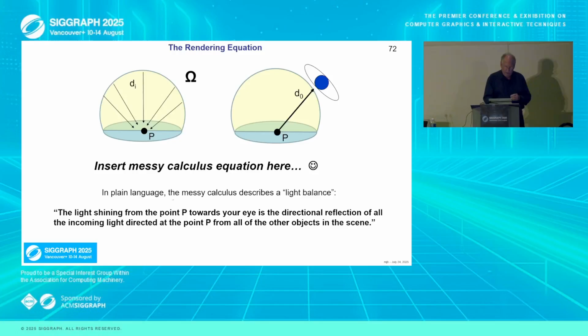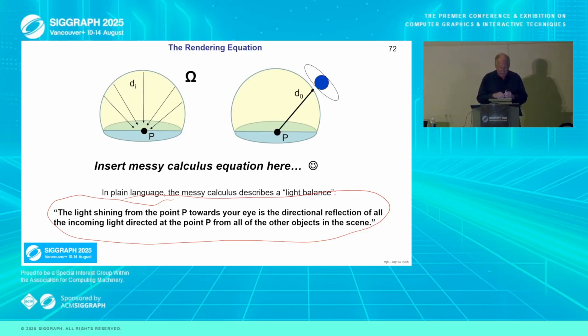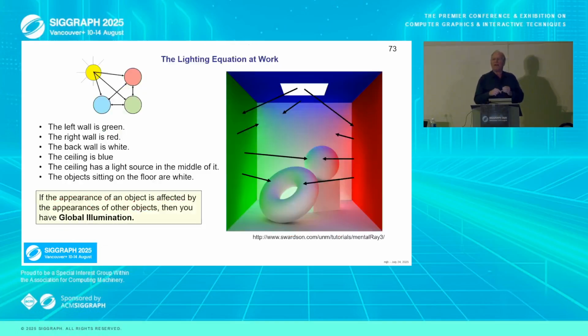Okay, so again, what that messy calculus equation would have said is the light that's shining from the point P to your eye is a sum of all the incoming light that is hitting it and how it's being reflected back out. Now, of course, every point P in your scene is undergoing this same equation. So again, it can be very time consuming, but you get things that look like this. And so in this, the left wall here is green, the right wall is red, the back wall is white.